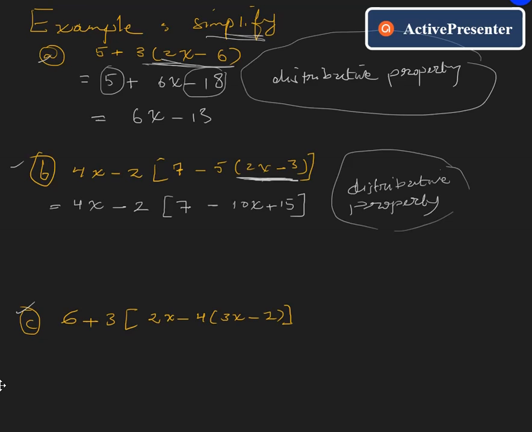So this is eventually equal to 4x minus 2 multiplied in minus 10x, 7 with 15 plus 22. Okay, now we can use the distributive property here also to simplify.